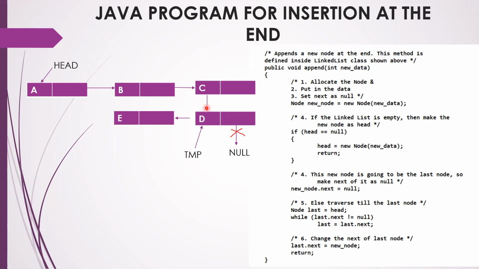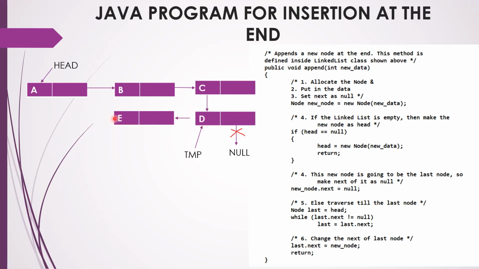It's like you're putting that last element into a temporary variable, and the new node's next field is the address of the last node, that is D.